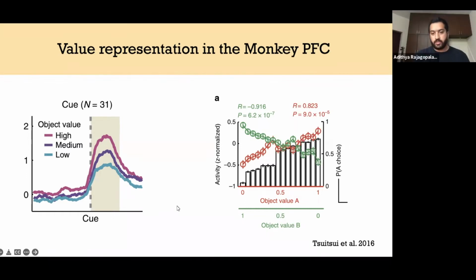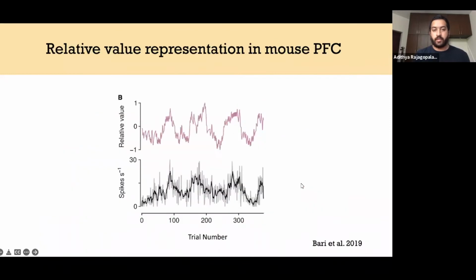Yeah, and so the activity of some of these neurons correlates with the object value for the two options as calculated by the experimenters. And similarly, in the mouse prefrontal cortex, there have been neurons whose activity represents the relative value, or the value difference, between the two options that the animal has to choose between.